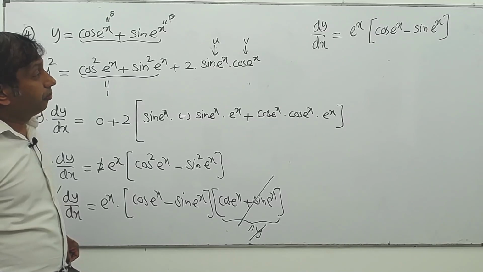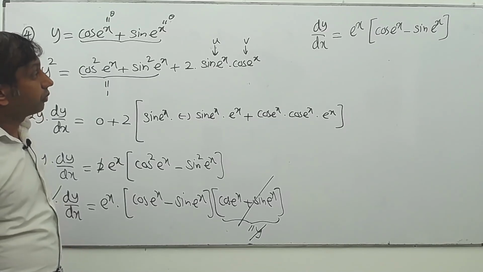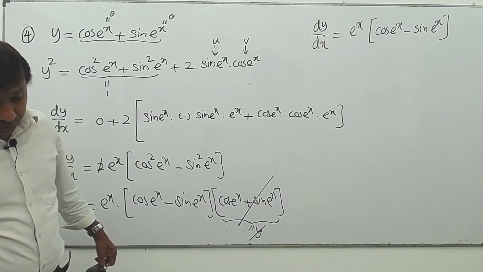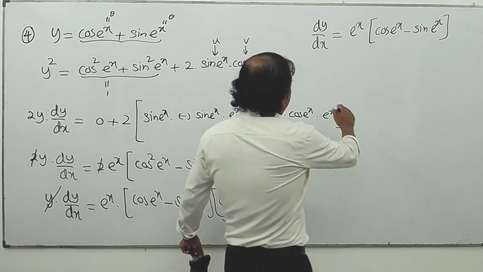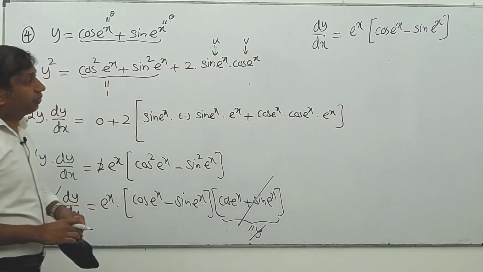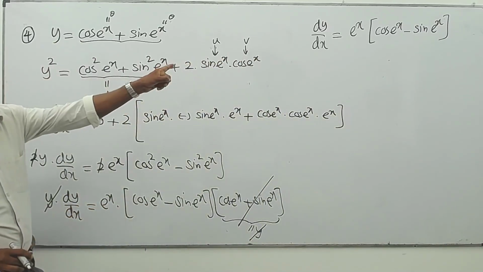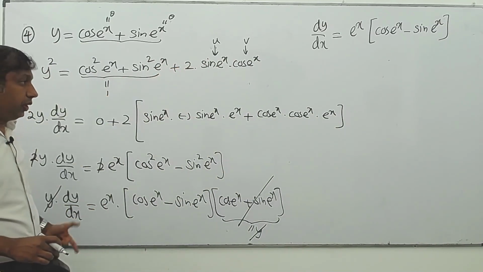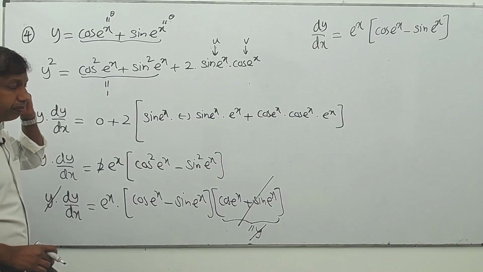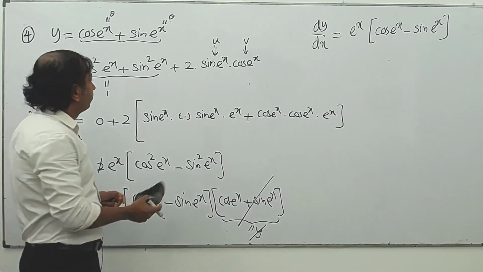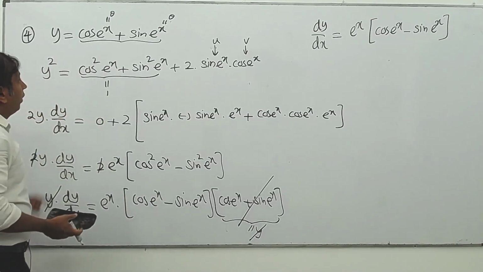What do you get there? Here we get the second derivative. Right hand side we differentiate as u into v.